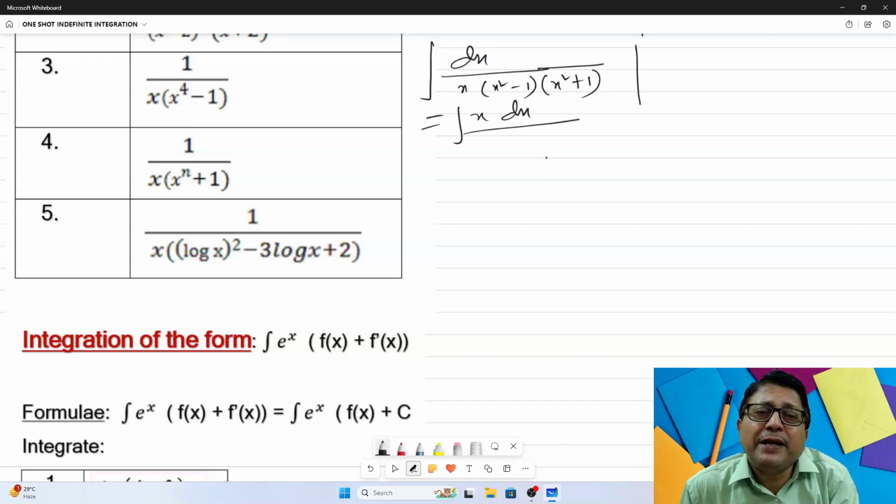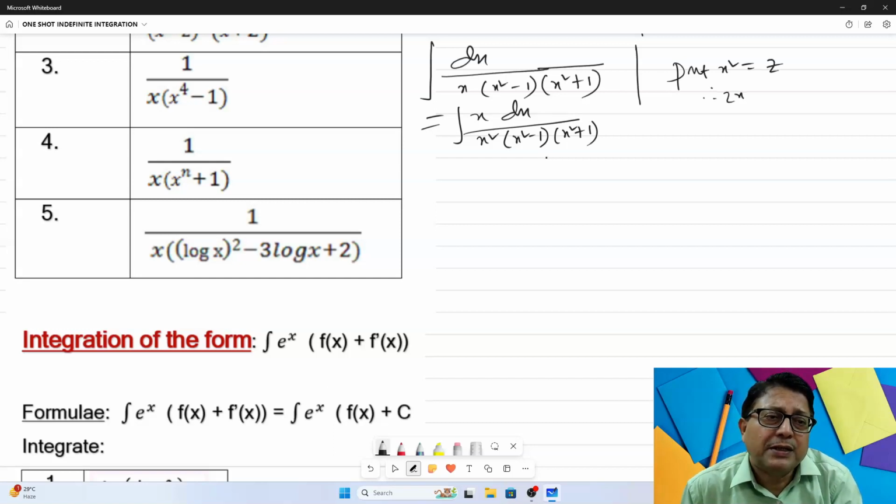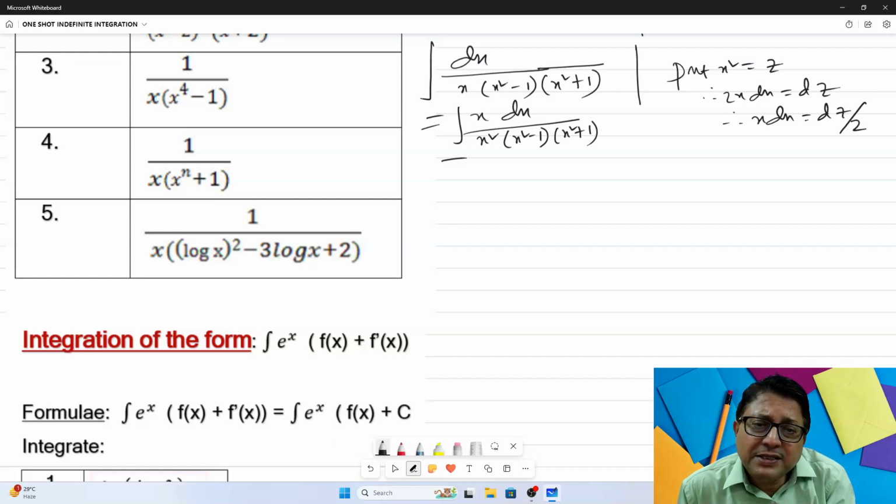x dx by (x square minus 1)(x square plus 1). Put x square equal to z. So 2x dx equal to dz. x dx is dz by 2.